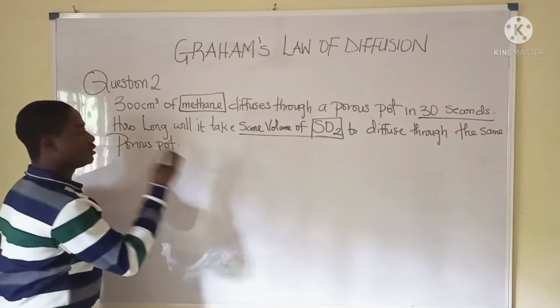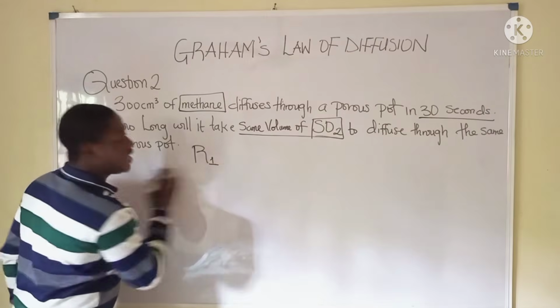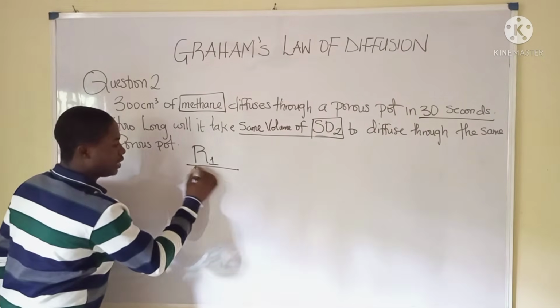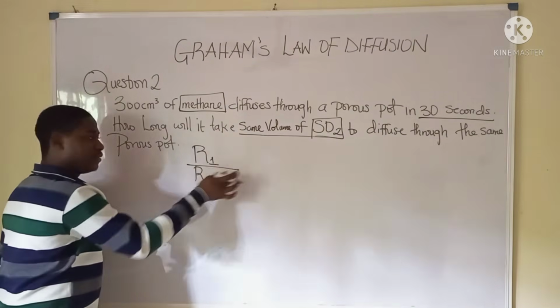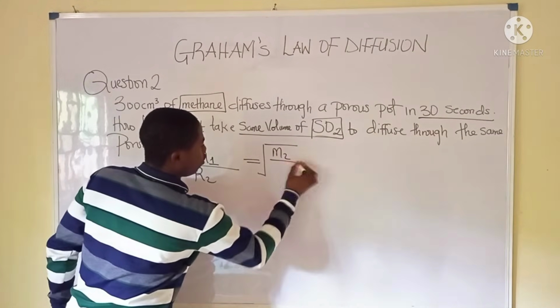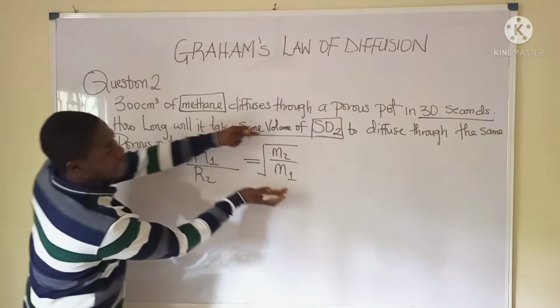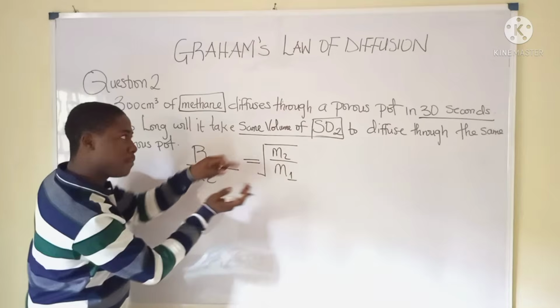So let's just do something. Let's see from our relationship that rate and molar mass, R1 over R2, which is R1 dividing R2, equals root of M2 over M1. These are the relationship between rate and molecular weight, or we say molar mass.